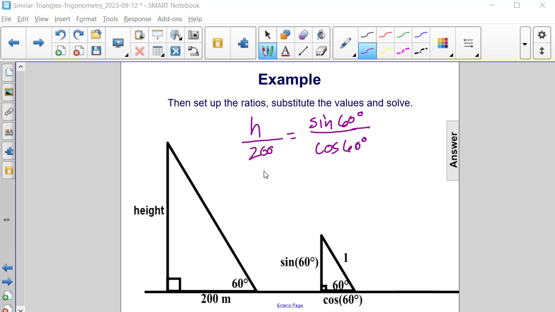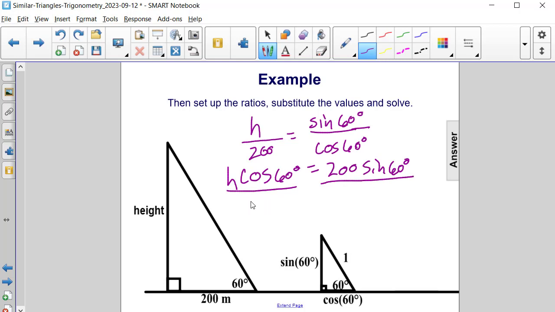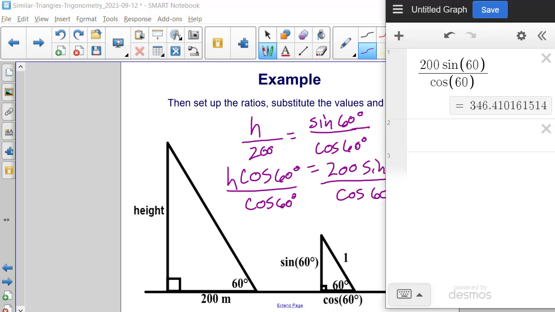And then if we cross multiply, we get that h times the cosine of 60 degrees is equal to 200 times the sine of 60 degrees. If we divide both sides by cosine of 60 degrees, and then substitute these values into a calculator, 200 sine of 60 divided by cosine of 60, we get 346.41.